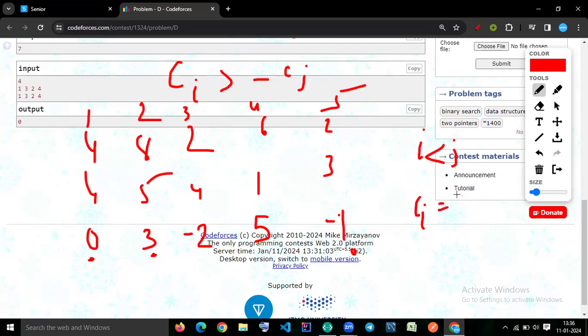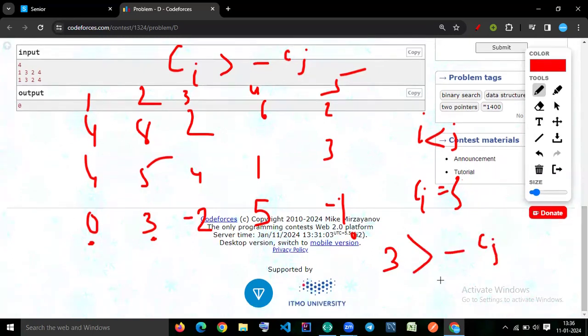Then 3 is greater than minus C_j, so I can easily say that C_j must be greater than minus 3. So we need to find how many elements from here to the end are greater than minus 3.